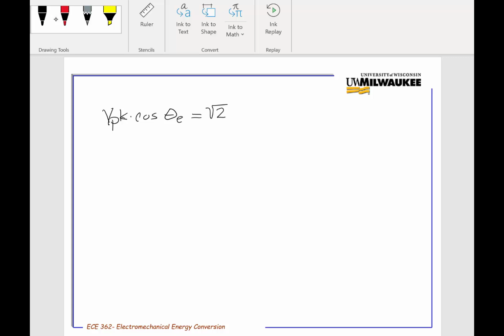And as I pointed out in the previous lecture, we're always operating at a steady state in this class. We don't talk about dynamics. So we're at an RMS constant value of voltage, and this frequency is moving at a constant rate of omega e.